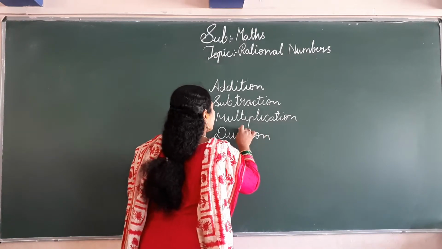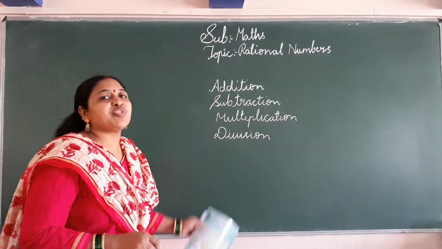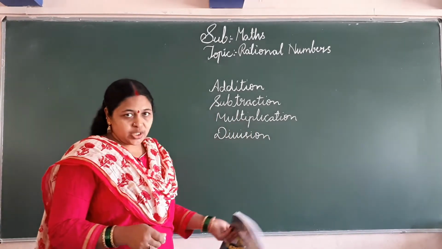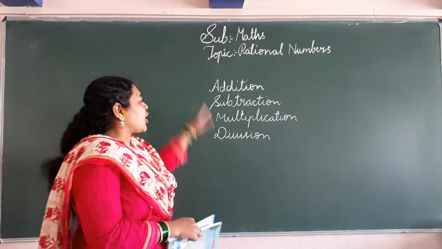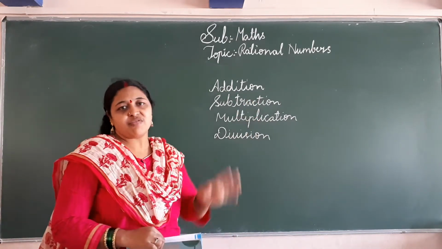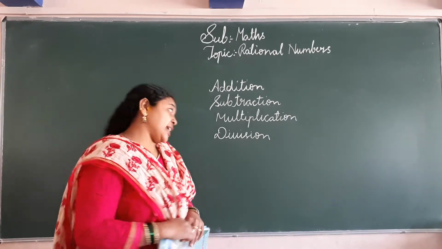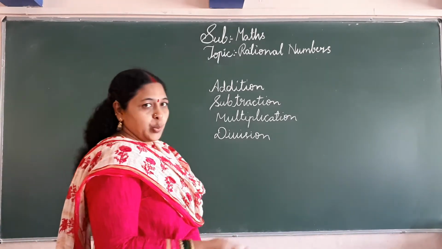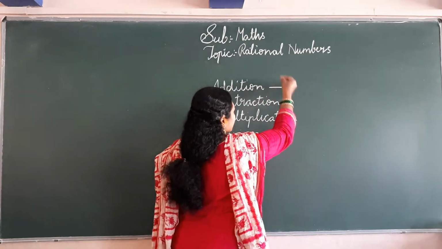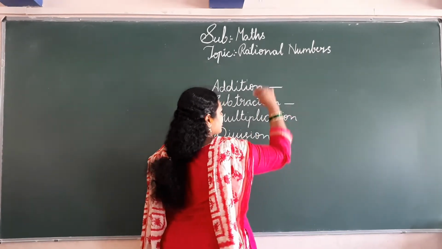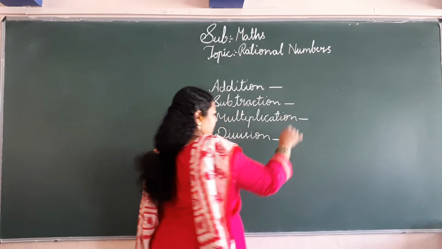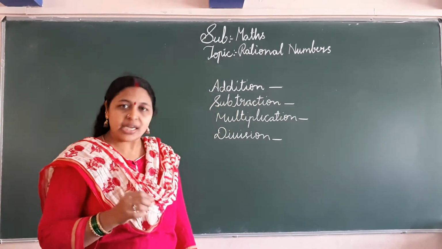Isn't it? So these are the basic operations which we know from our childhood. If we know all these basic operations, then it is done. We know how to use that particular number system. Here also we will go again with addition in rational numbers, subtraction in rational numbers, multiplication and division in rational numbers.